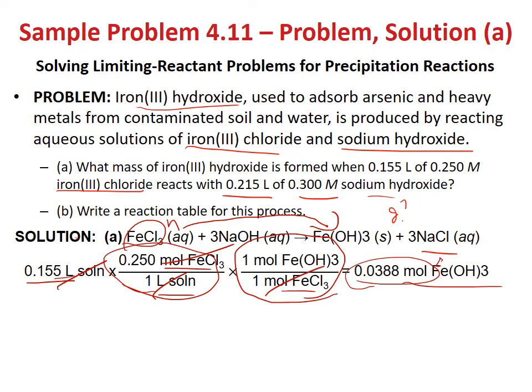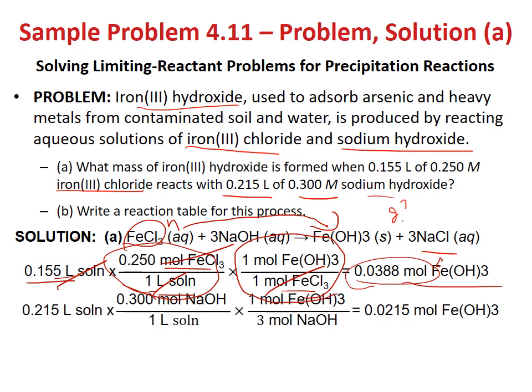Now let's calculate the product from sodium hydroxide. Here is the volume of sodium hydroxide, and here is the molarity. That gives you the number of moles, and then you use the stoichiometry: 3 moles sodium hydroxide to 1 mole iron hydroxide. You cancel moles of sodium hydroxide, and you get moles of iron hydroxide.